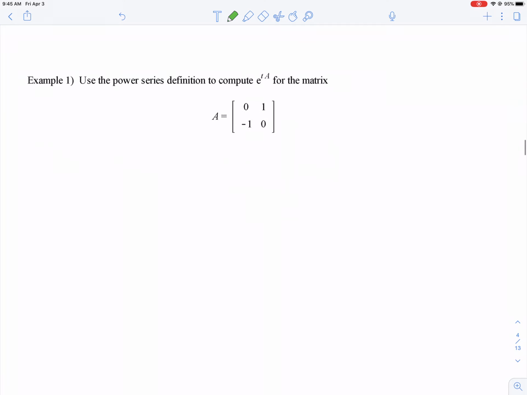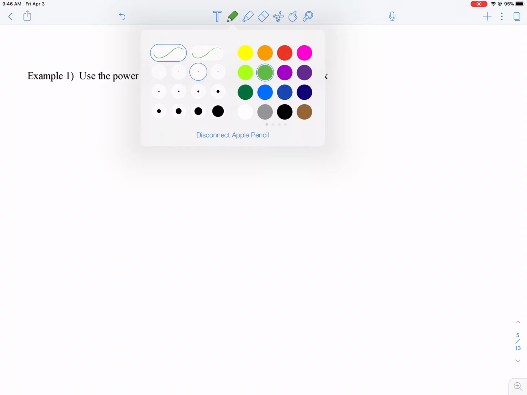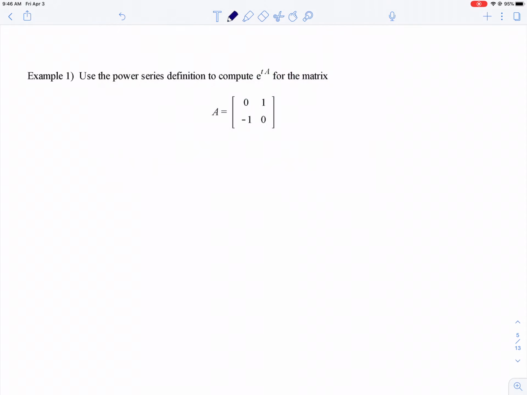Okay, so here is an example we're going to spend a lot of time on today. Let's use the power series definition to compute the matrix exponential. It'll turn out in practice that we don't usually use the power series. We use things like diagonalization to compute matrix exponentials.